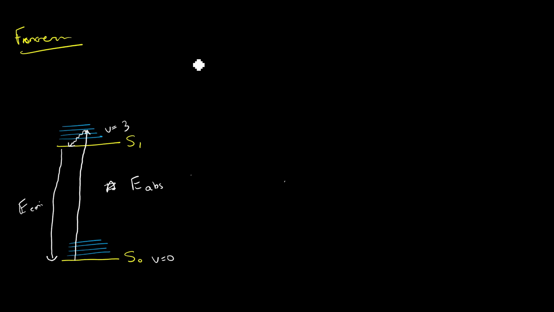If I ask you what the relationship between E abs and E emit is, you must be able to tell that E absorption is larger than E emission, right? It's observable, right? It's easy.